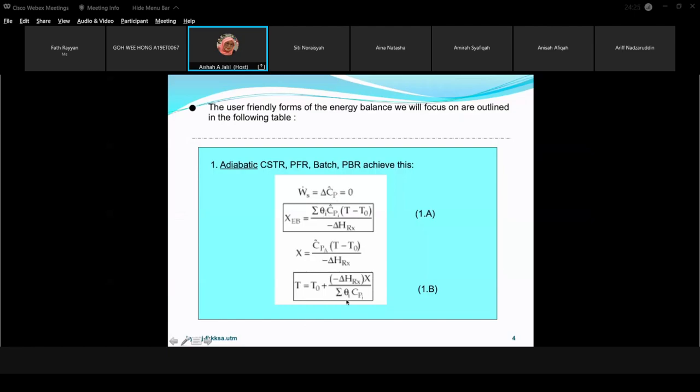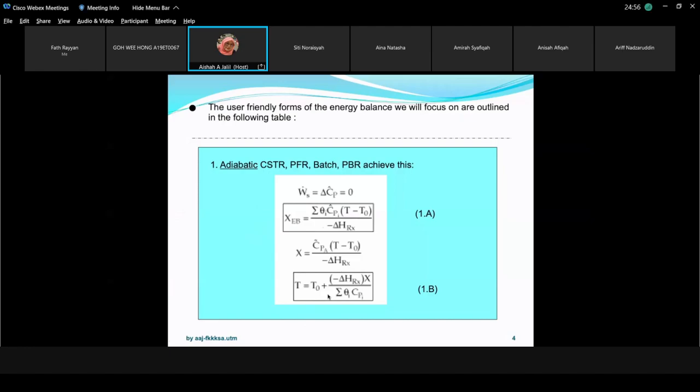So for chapter 8, in the exam maybe they want you to calculate for the X or for the T or both. So you have to remember this equation.